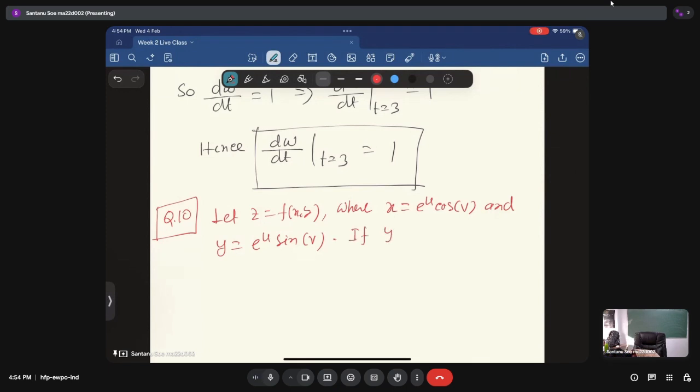If y times del z by del u plus x times del z by del v equals alpha times del z by del y, then what is the value of alpha?